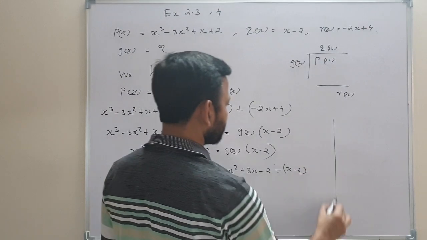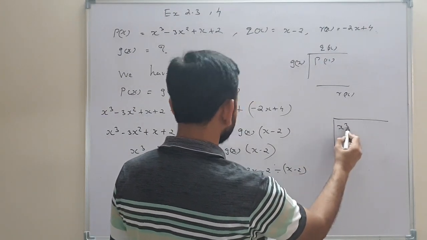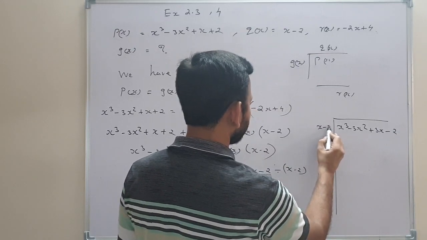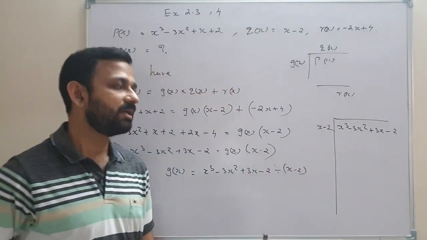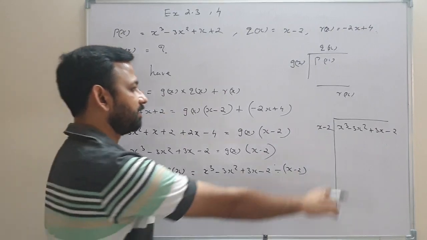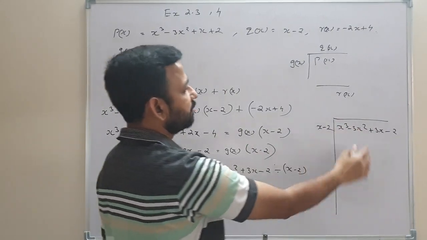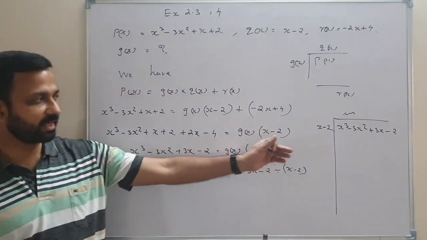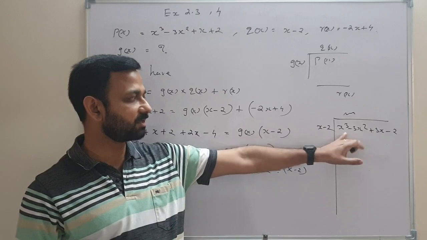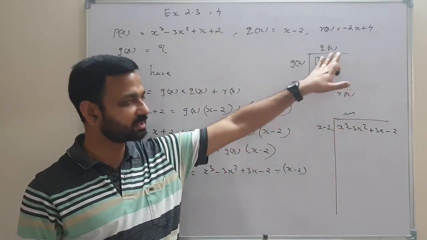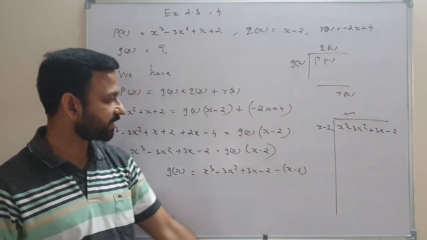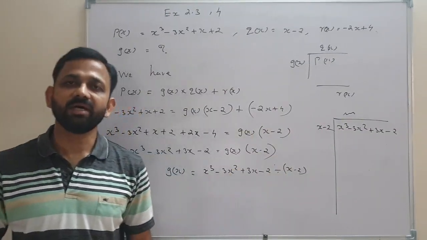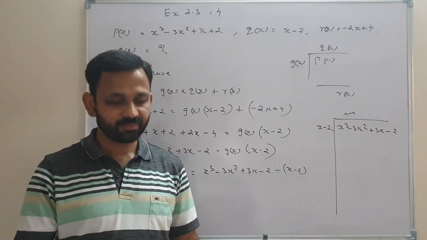So do the long division the normal way, and the quotient will be the answer. Division you already learned, so you can do it by yourself: first term divided by first term, the same way as in the previous questions we have done. Divide this polynomial by x − 2 and you will get the answer.